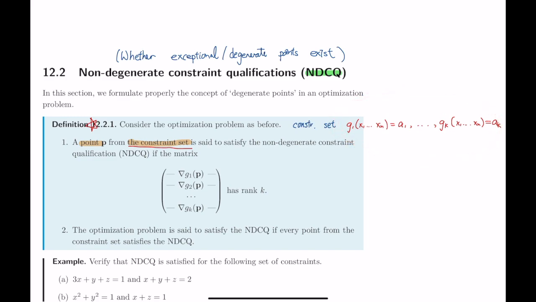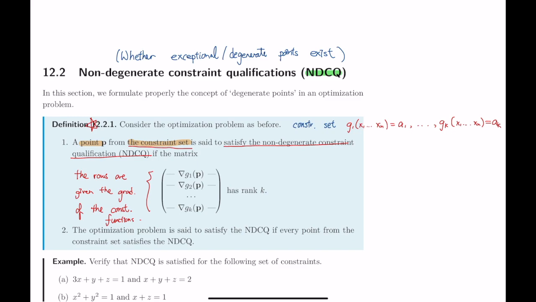And then this point is called non-degenerate, or it satisfies the NDCQ, if the matrix, okay, what is this matrix? The rows are given by the gradients of the constraint functions.